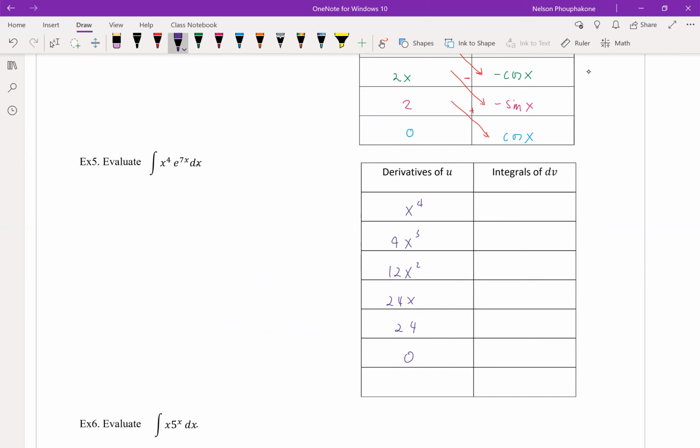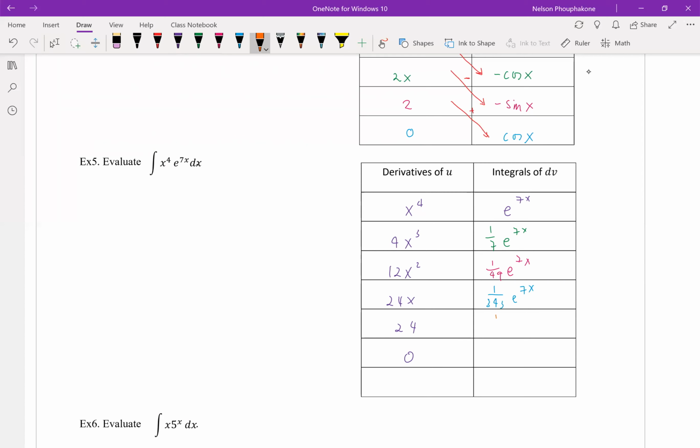Okay, and then now I have e to the 7x. So remember we integrate. So therefore I will have 1 over 7 e to the 7x. And then I have 1 over 49 e to the 7x. And I have 1 over 343 e to the 7x.